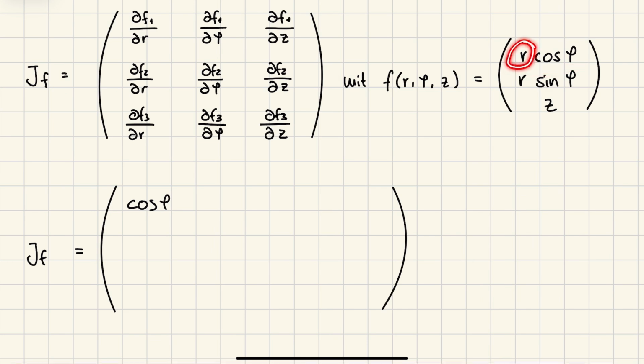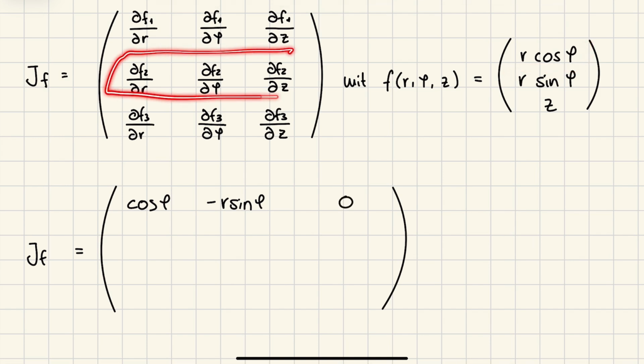That means we're going to keep this r as a constant, and the derivative of a cosine function is minus sine. So we get minus r sine phi. As a last step for the first row, we have to differentiate the first component with respect to z, and as we can see, there is no z, so this is just going to be 0.